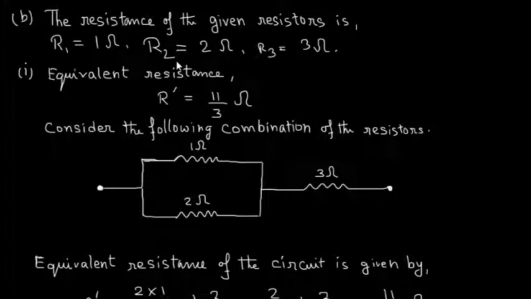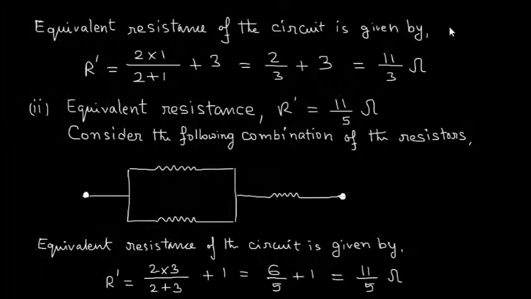The resistances of the given resistors are R1 is equal to 1 ohm, R2 is equal to 2 ohm, R3 is equal to 3 ohm. Equivalent resistance R dash is equal to 11 by 3 ohm. Consider the following combination of resistors. So 1 ohm and 2 ohm are in parallel and 3 ohm is in series. Equivalent resistance of the circuit is given by R dash is equal to 2 multiplied by 1 upon 2 plus 1, plus 3.